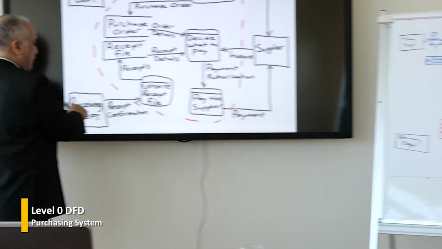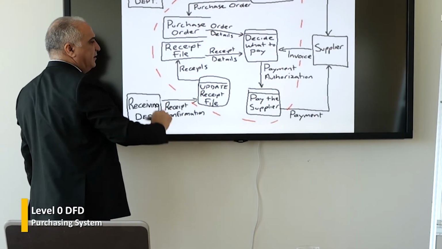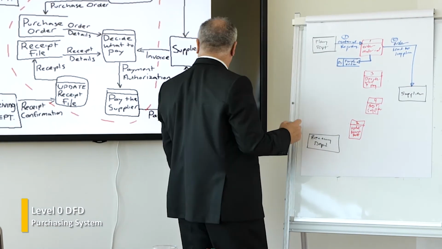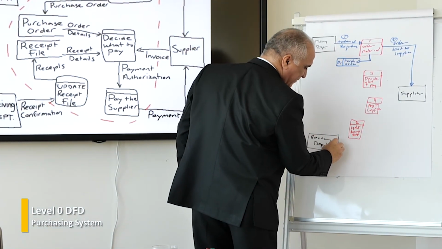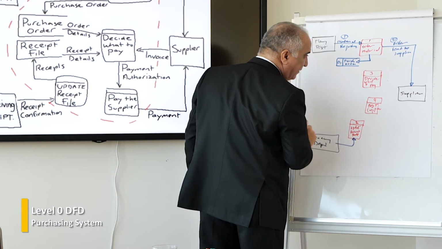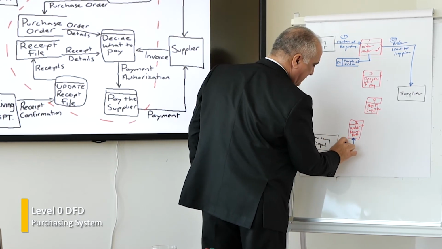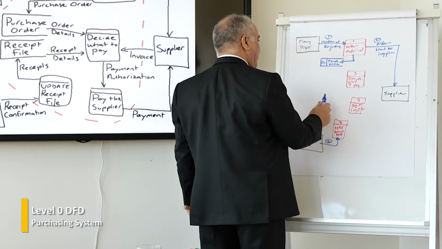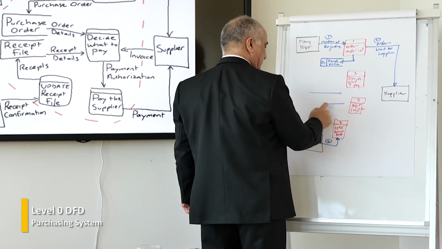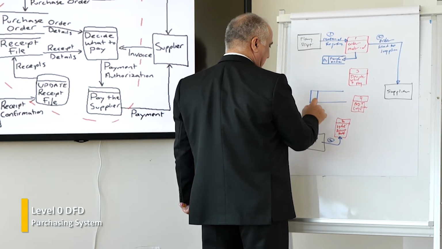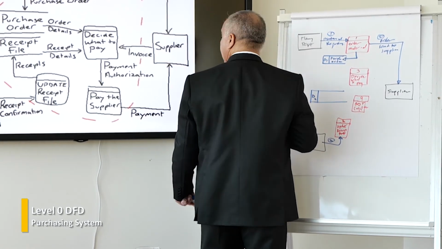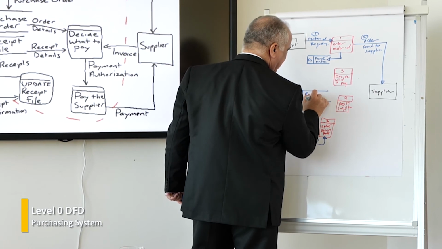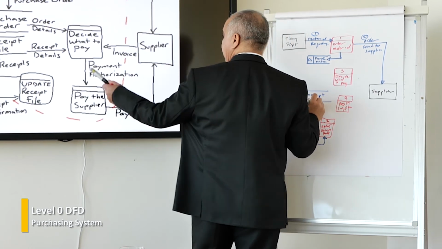The supplier will deliver the material. That's number 3. And this material delivery is going to be written to a data file 2. We call it the received file.